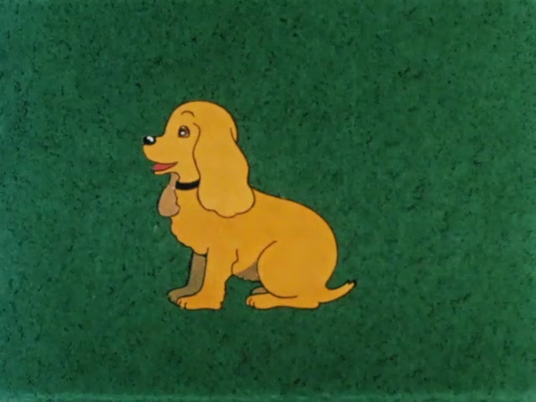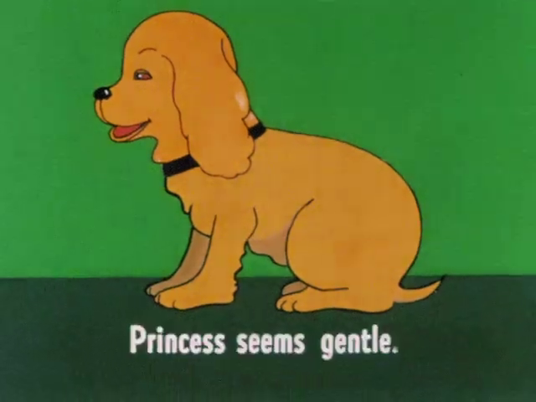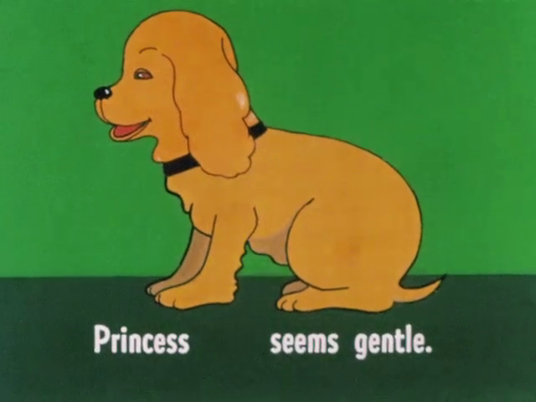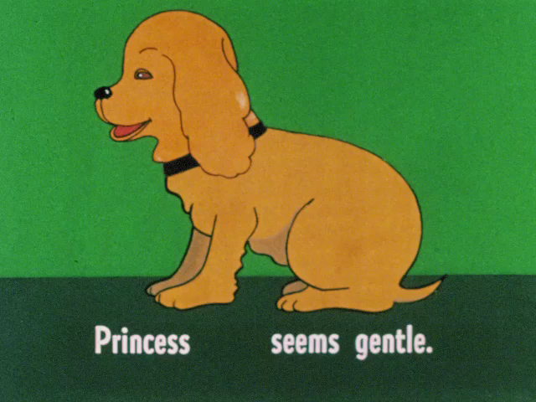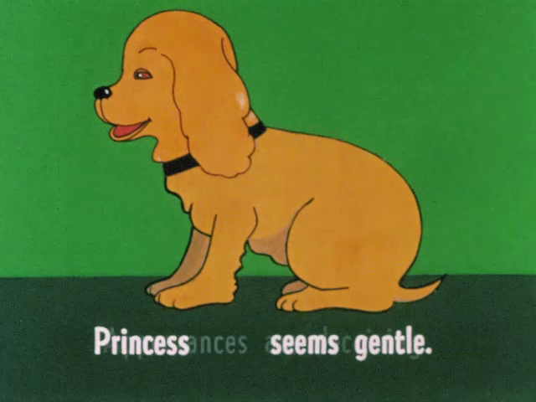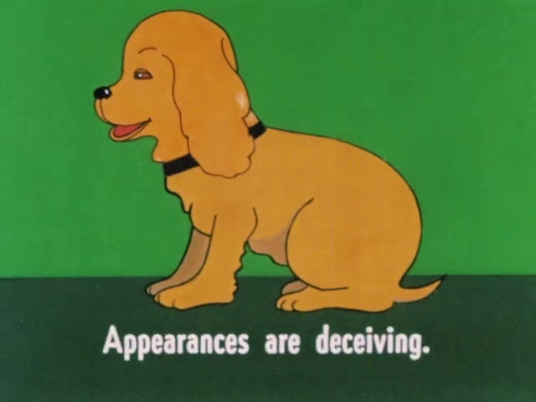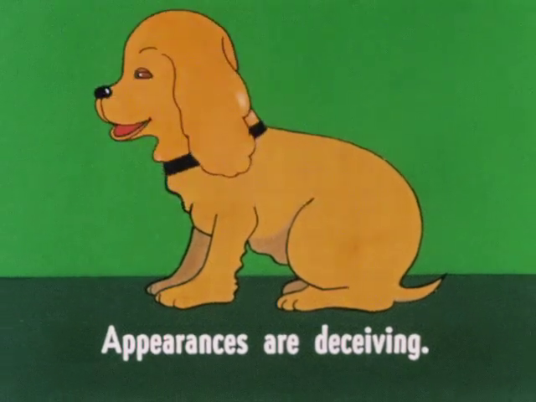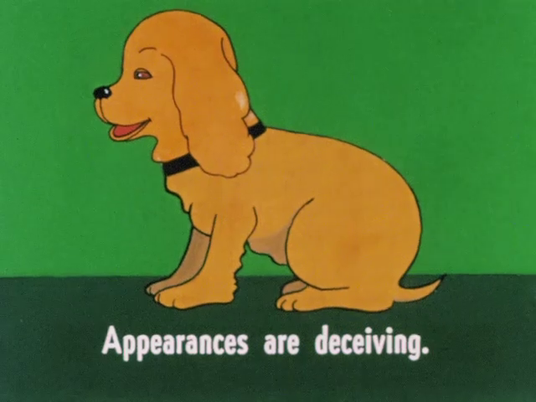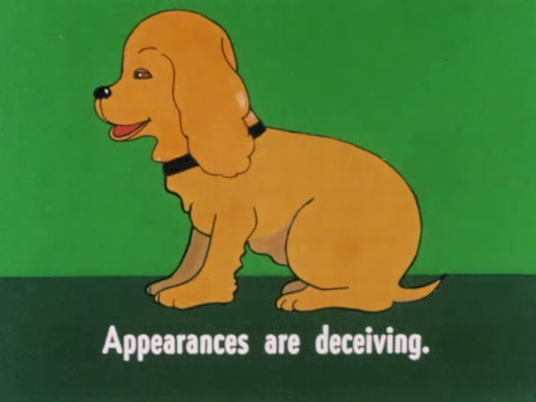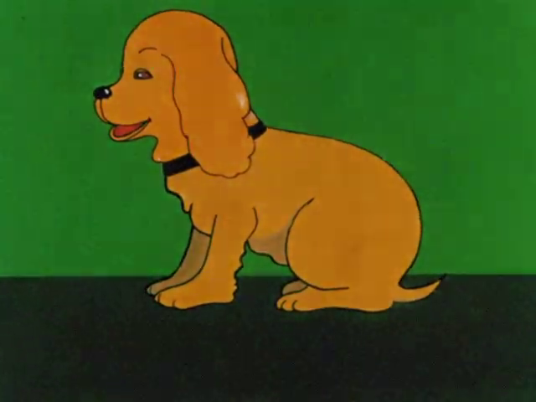Let's try another state of being verb. Princess seems gentle. Which word in the complete predicate indicates the subject's state of being? Seems is the verb in this sentence. Appearances are deceiving. The subject is the word appearances. What is the verb here? Are indicates state of being.